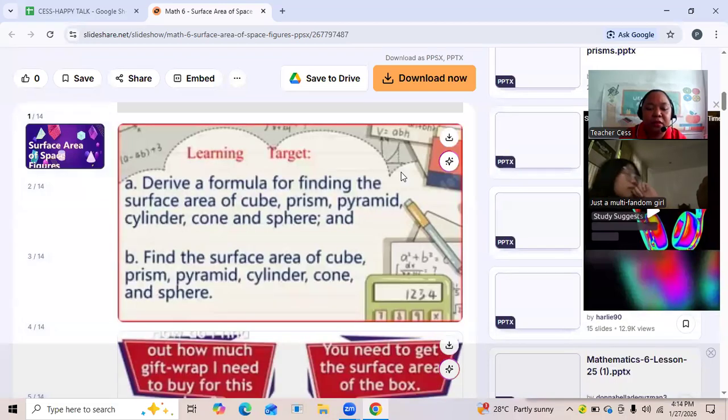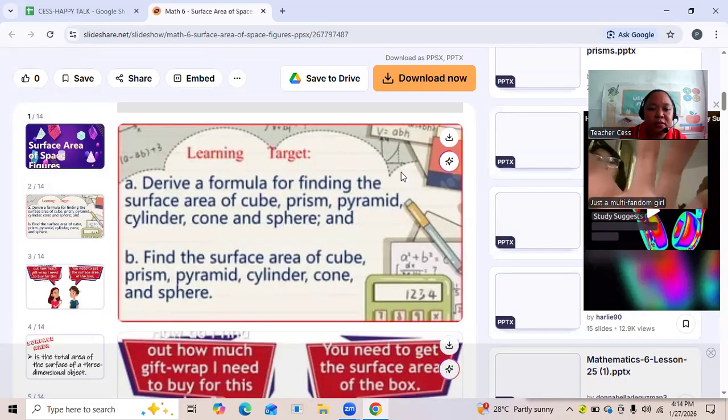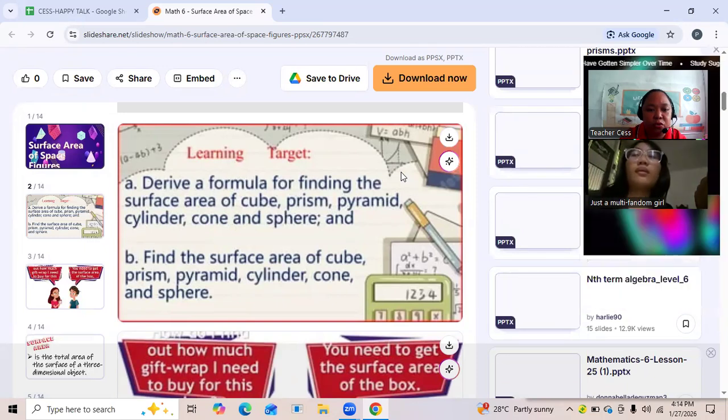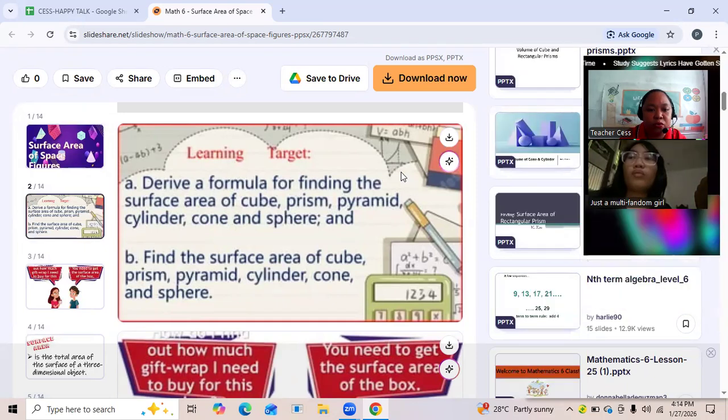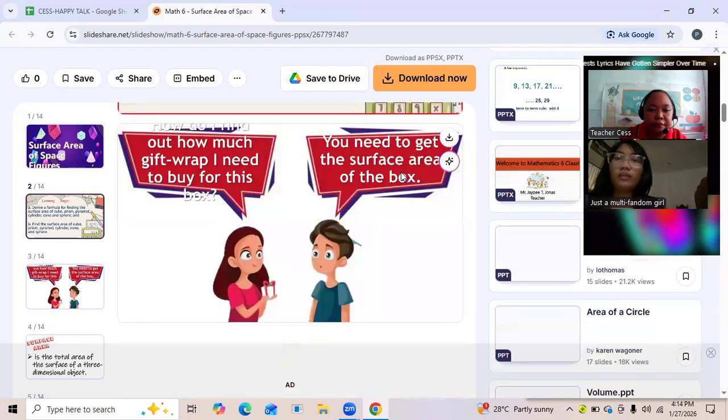Okay, so let's start with the definition. When you say surface area, it is identified as the space needed to wrap a solid figure.